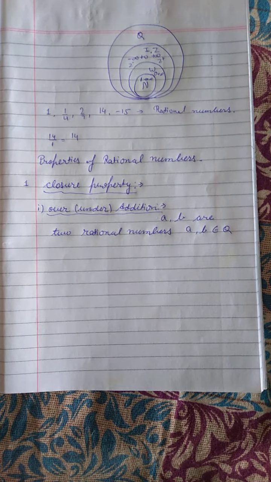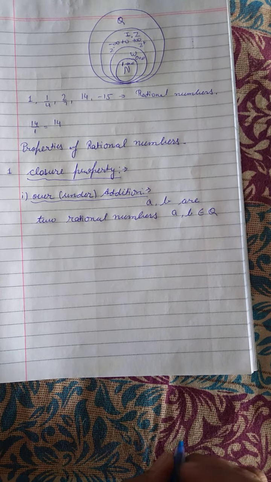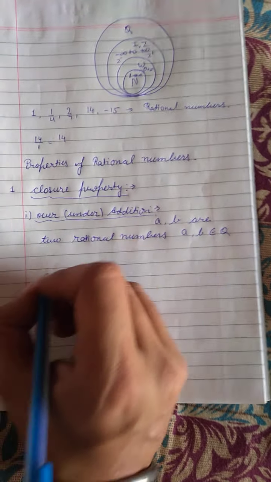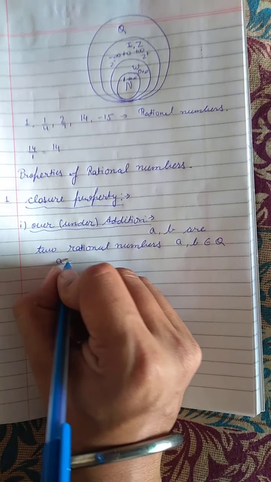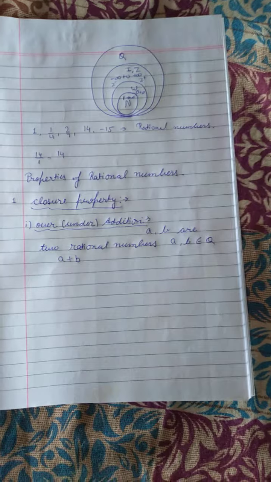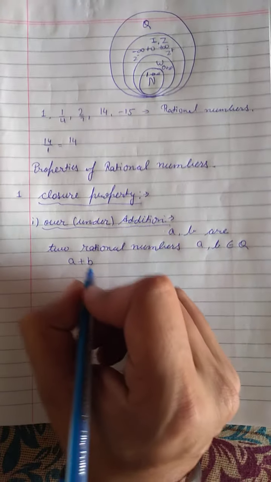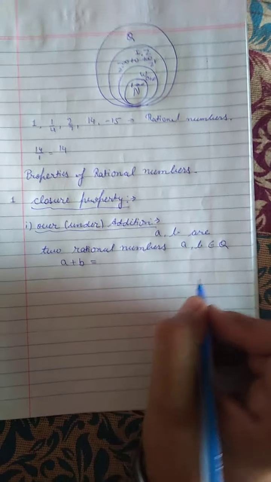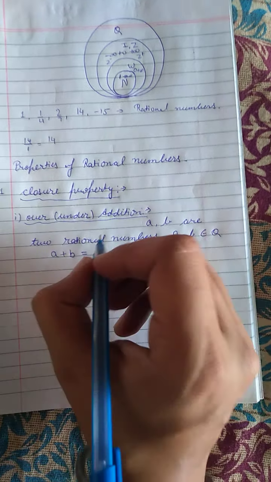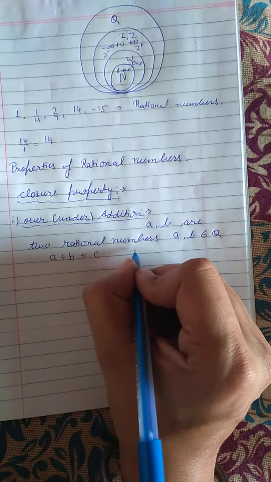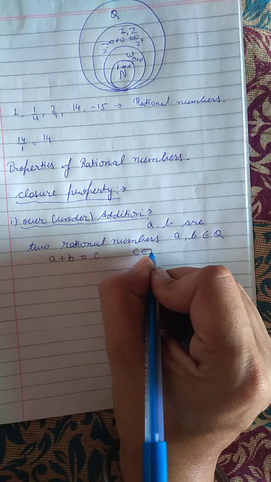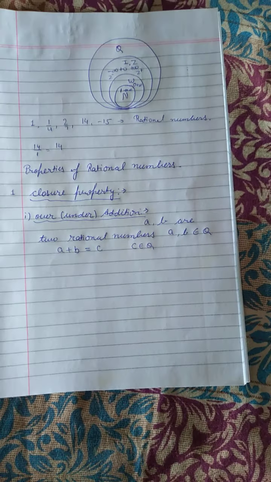We operate the operation addition on A and B, and we take the new number as a resultant, C. C belongs to Q also.